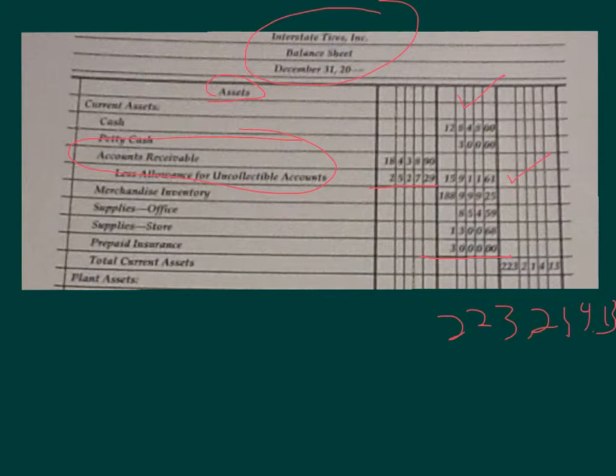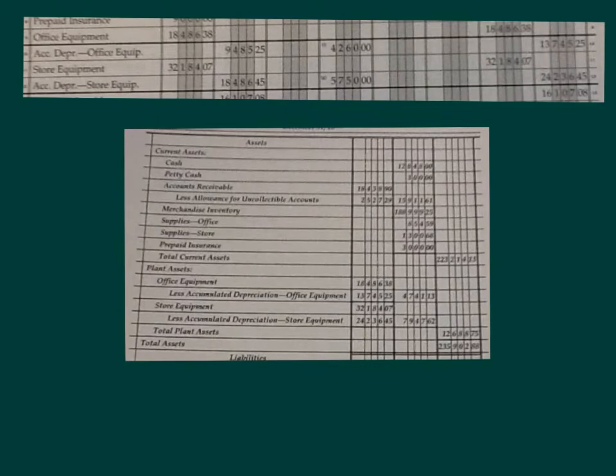Next section will be your long-term assets with a title called Plant Assets. Now you will prepare the long-term asset section of your balance sheet, referring to the values in your office equipment and store equipment accounts. Remember, you have contra accounts here, so you're going to be subtotaling those numbers under your plant asset section. You're going to pull down your office equipment account, put that in the first column, and subtract off your contra account balance.